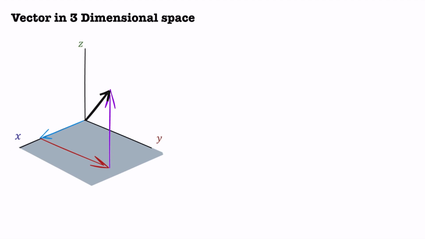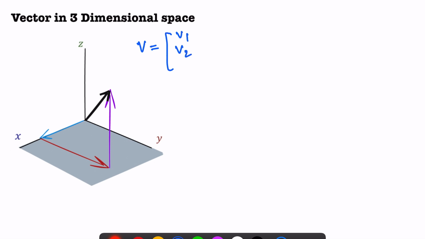Now vectors in three-dimensional space. Here we have a three-dimensional space. We have x-axis, y-axis, this is the xy plane, and we have one more dimension defined by this z-axis. Consider we have a vector v, that is v1, v2, v3. First, how do we get that vector?